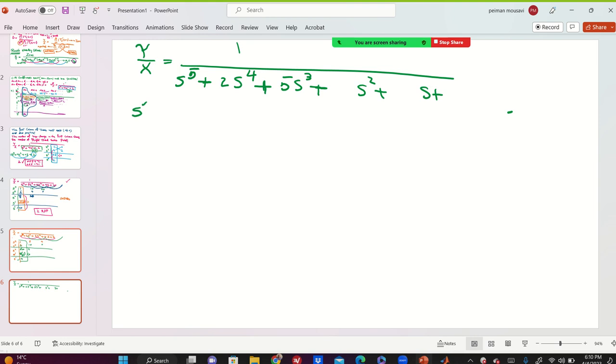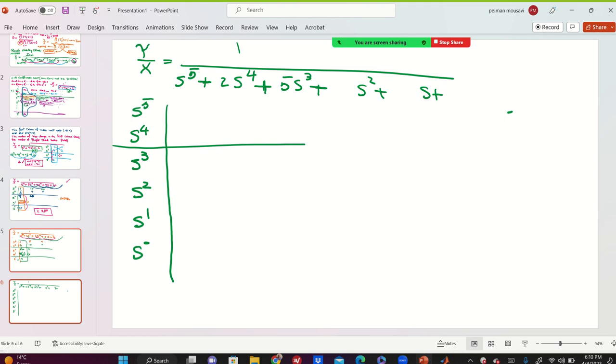So it's going to be S5, S4, S cubed, S square, S1, S0. Okay. 1, 5, 10.